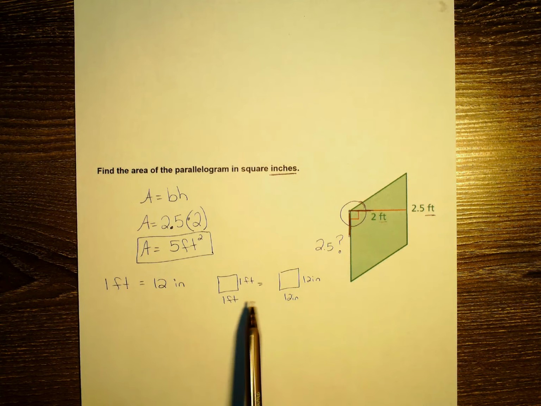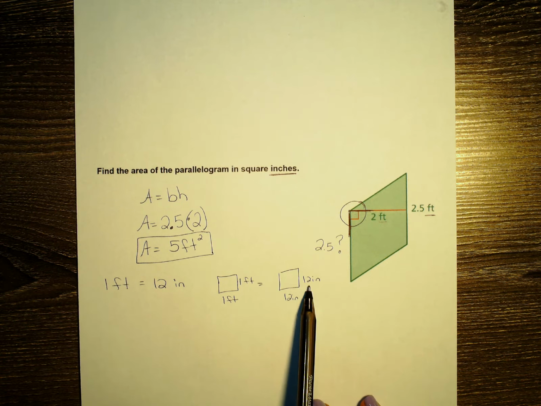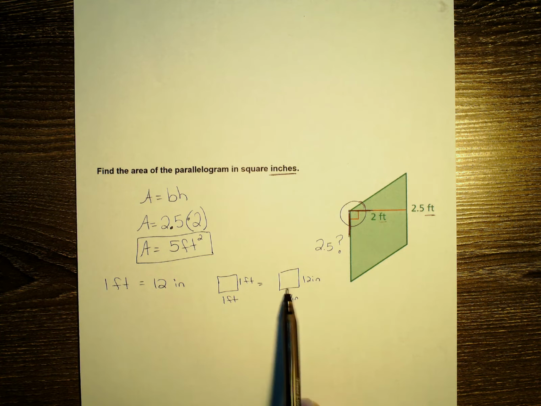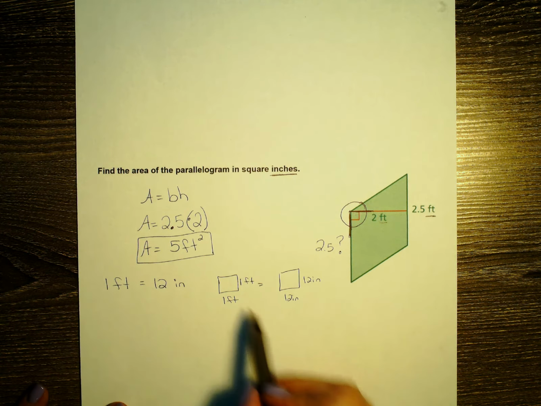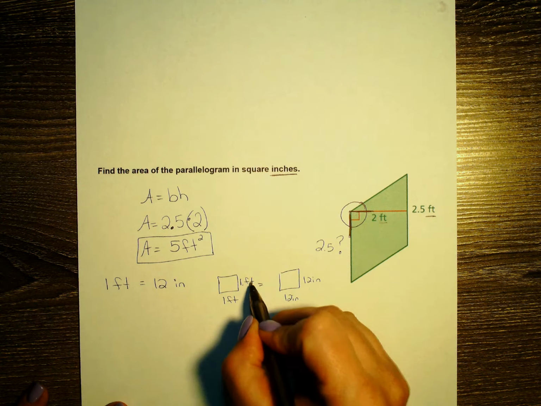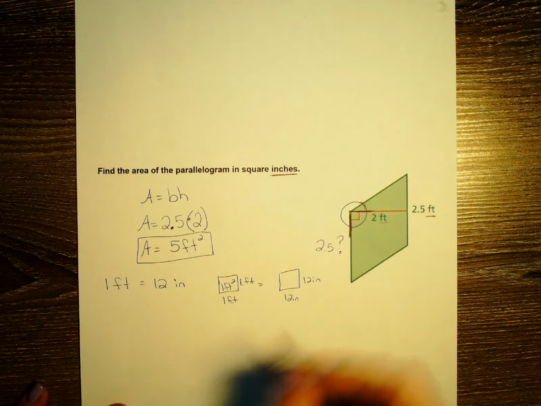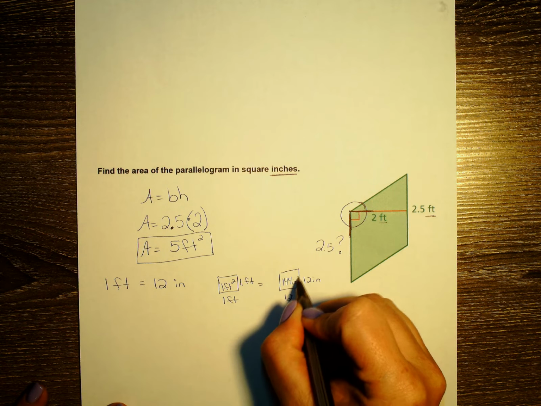So 1 foot, this side length, is equivalent to this side length, which is 12 inches. This side length of 1 foot is equivalent to this side length of 12 inches. But we want to know area, so we have to find the area of these. So 1 foot times 1 foot is 1 foot squared, and 12 inches by 12 inches is 144 inches squared.